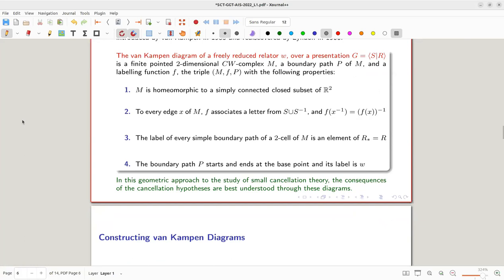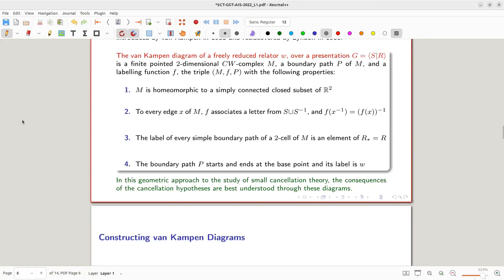And by x inverse, we mean the inverse edge with the opposite orientation. So f assigns the inverse letter to the inverse edge. So that is quite expected.